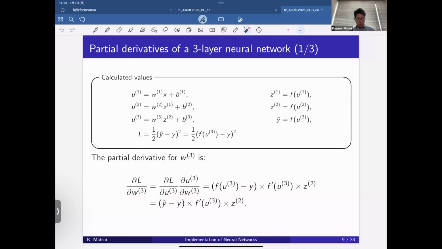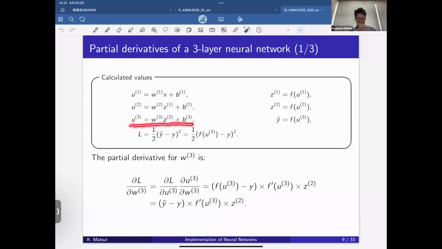Since the partial derivative of L with respect to u3 can be written like this, we need to calculate the partial derivative of u3 with respect to w3. U3 can be written as w3 times z2 plus b3.